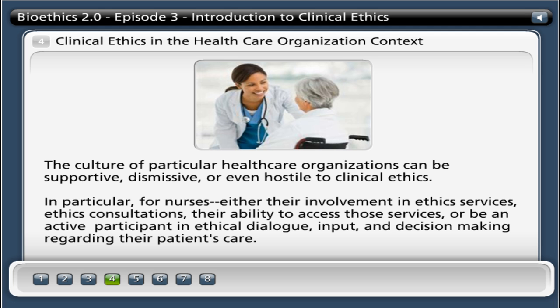In particular, regarding nurses, there have been some instances where their involvement in ethics services, participation in ethics consultations, or even their ability to access these services or be an active participant in ethical dialogue at the point of decision-making has been curtailed or prohibited.